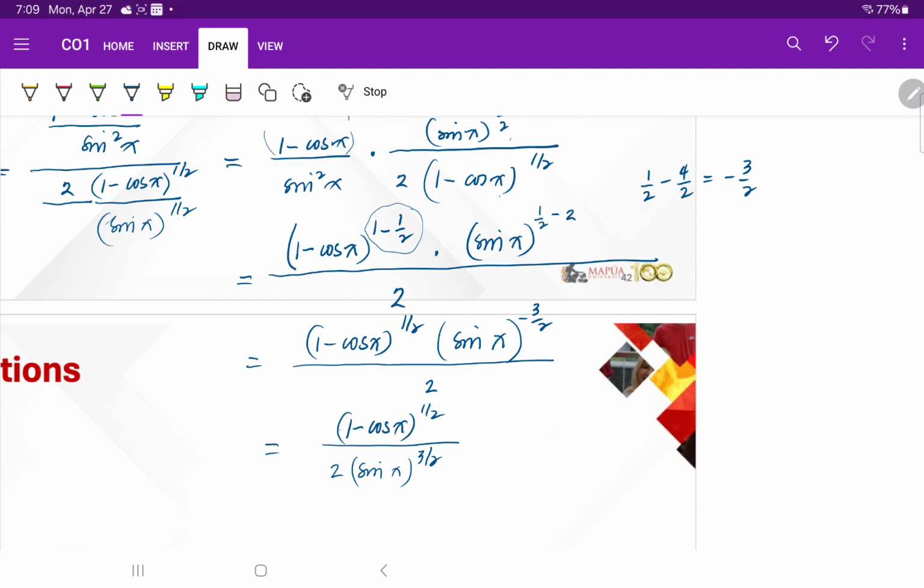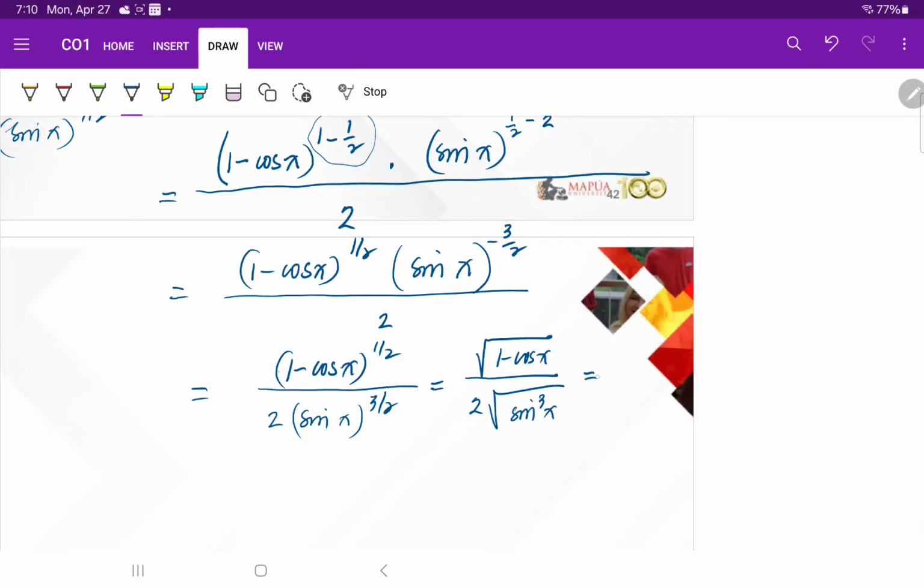And if you simplify further, you could just simply write this as the square root of 1 minus cosine x over 2, then the square root of sine cube of x.